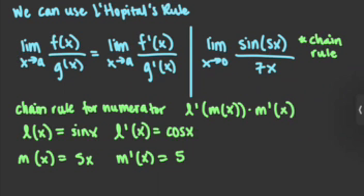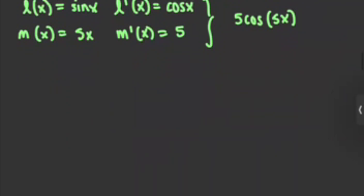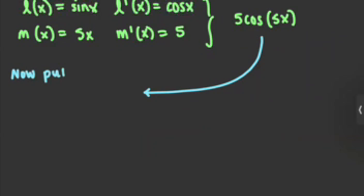After doing that, we're going to remind ourselves of the chain rule, and then we can apply everything together. So we know that, at least for the numerator, our answer will be 5 cosine of 5x. Now, after doing that, we have to fully take the derivative of both top and bottom.